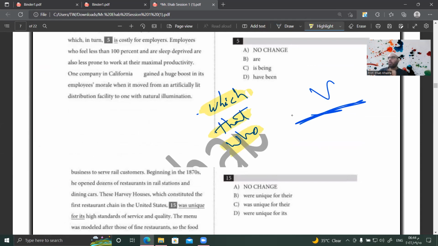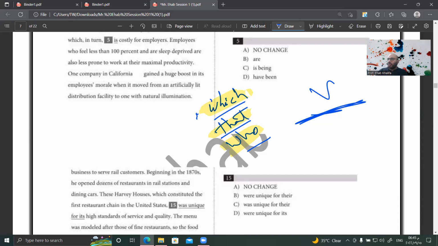You have to ask one question: what does this which refer to, what does this that refer to, what does this who refer to? Which can refer to singular or plural, that can refer to singular or plural, and who can refer to singular and plural, right? So ask, what does it refer to?